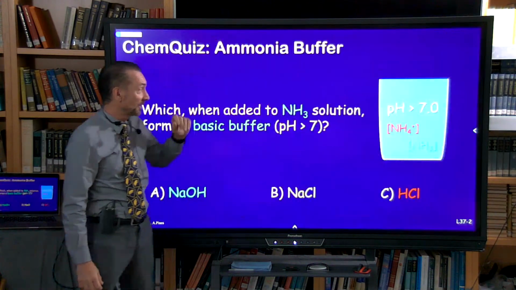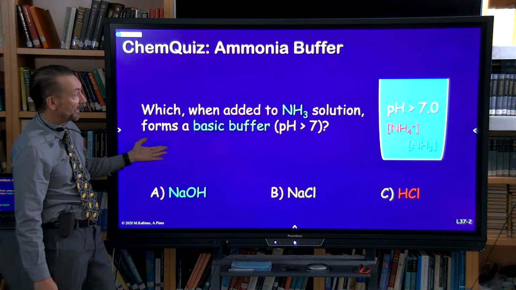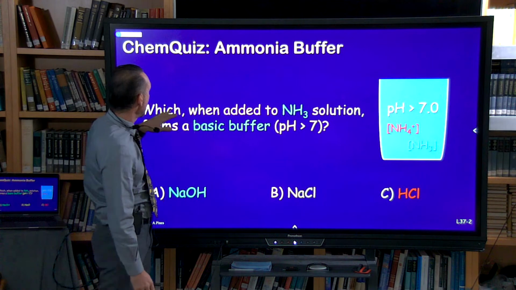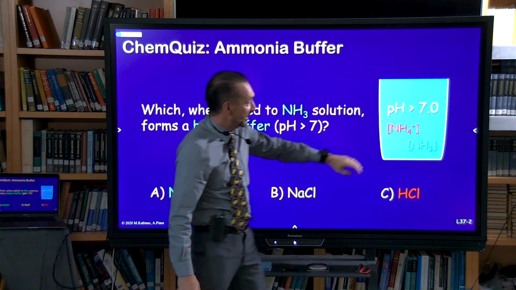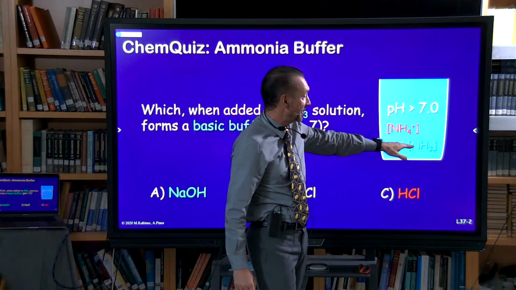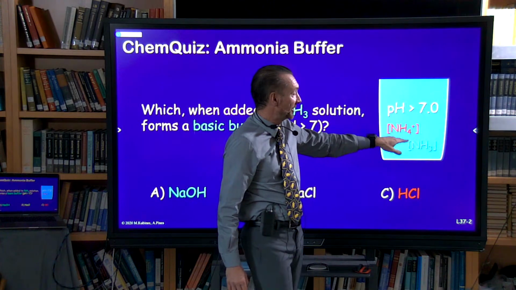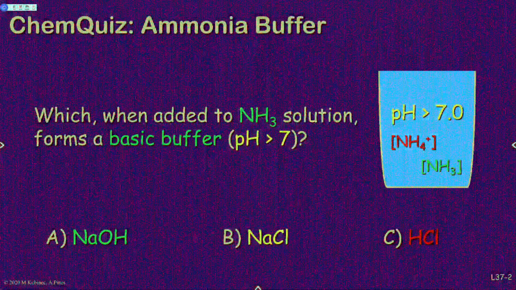We talked about a ChemQuiz that I went back and edited, so it makes sense now. So we had ammonia in water, and that will form ammonia and the conjugate acid. So that's a weak base, weak acid interaction.